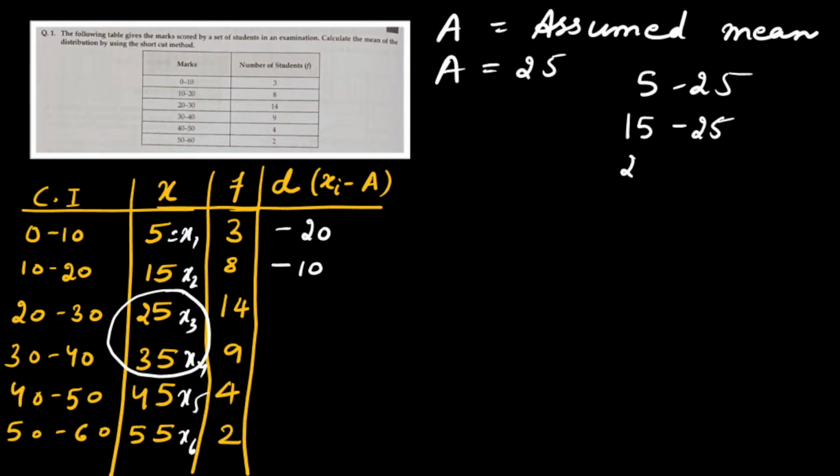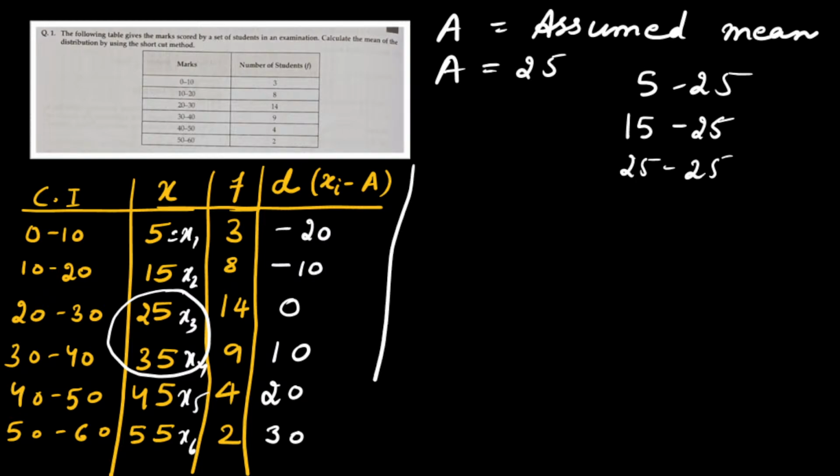Then 25 minus 25 is 0. Then 35 minus 25 is 10, 45 minus 25 is 20, 55 minus 25 is 30. Shreyasi, it's 20.